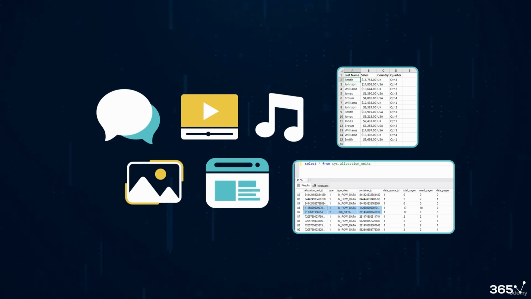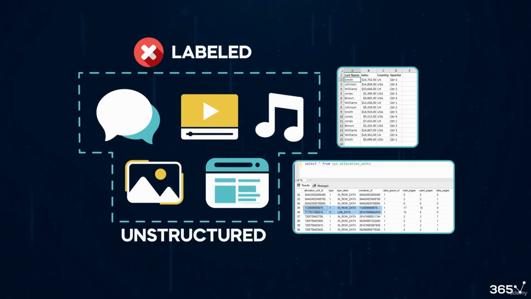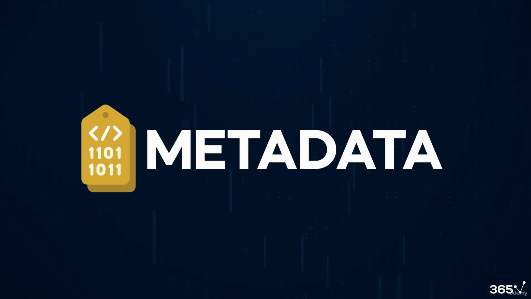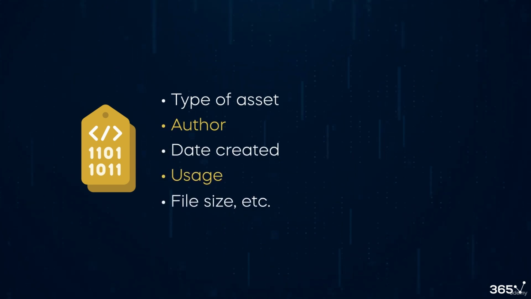Much of this data is unstructured and too voluminous to label. Metadata proves invaluable here. Every dataset should include it. Metadata is data that describes other data. It summarizes key details like asset type, author, creation date, usage, file size, and more.